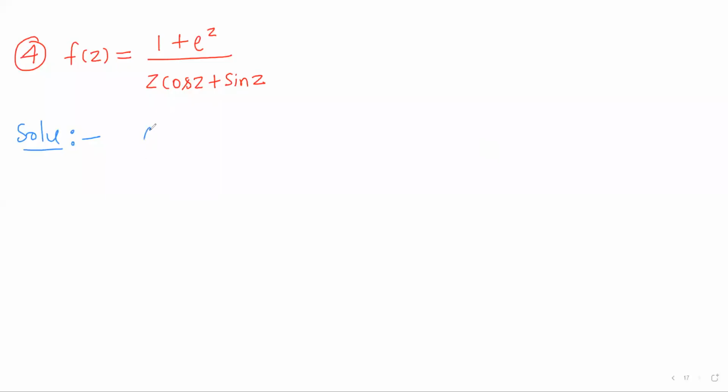So next problem. Given f of z is 1 plus e to the power z divided by z cos z plus sin z. So once again, f of z is a quotient of two functions where the numerator function is never infinite.